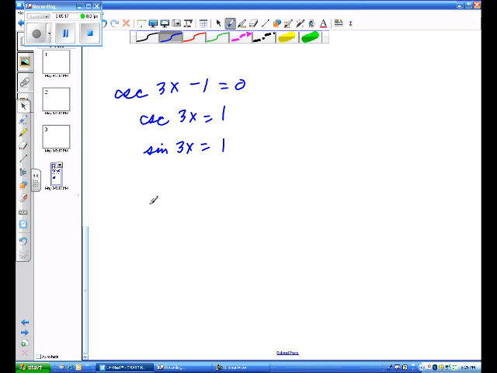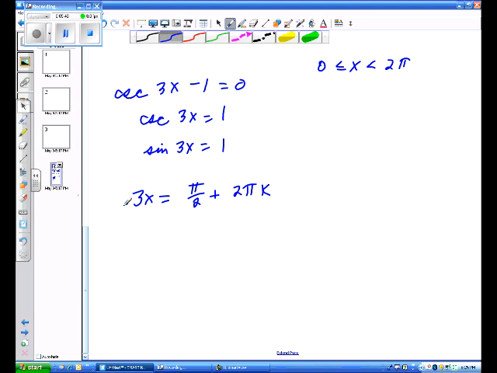Or let's do this one in radians. So let's say we want to find our x's between 0 and 2 pi. So that would be pi over 2. So 3x would be pi over 2 plus 2 pi k.